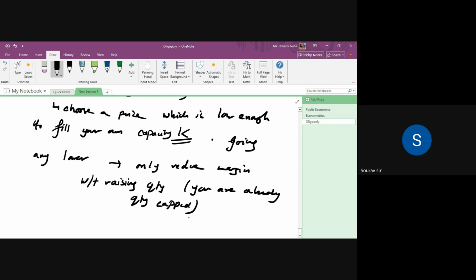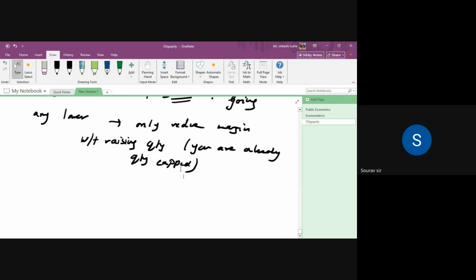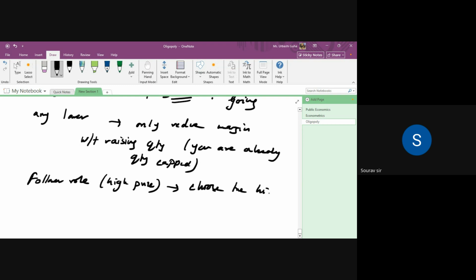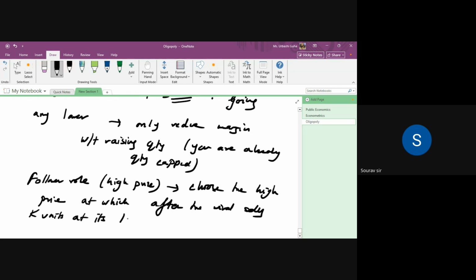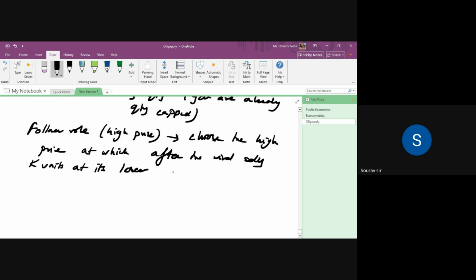This is your low price role. But there is a follower role also. You have done already Cournot and Stackelberg, so here also you have a follower role. What is a follower role? High price. So that is low price, that is high price. Now here we choose the high price, after the rival sells K units at its lower price.